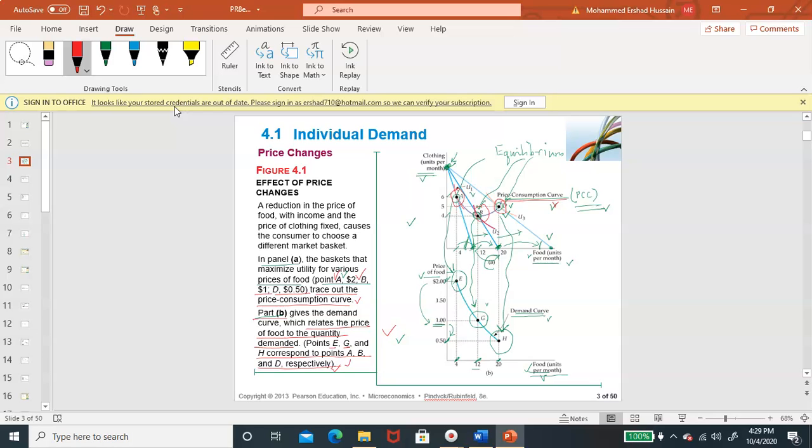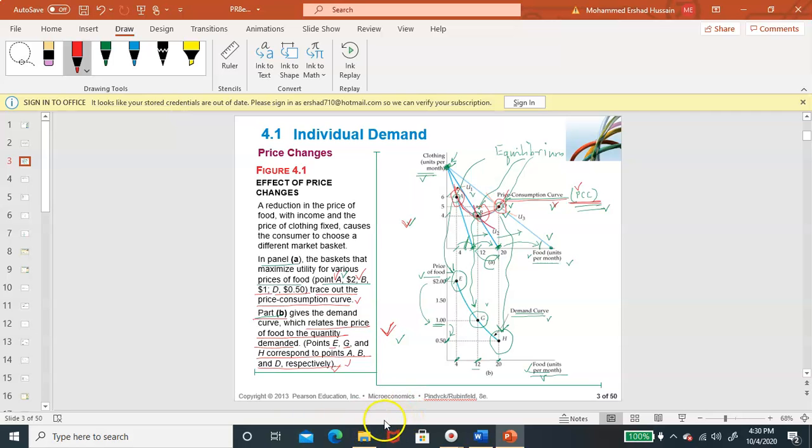So the demand curve shows the relationship between price and quantity demanded at each of those prices, and the price consumption curve, the PCC, shows the equilibrium of the consumer as price is changing, right?